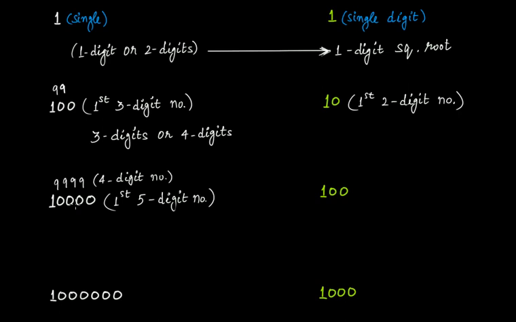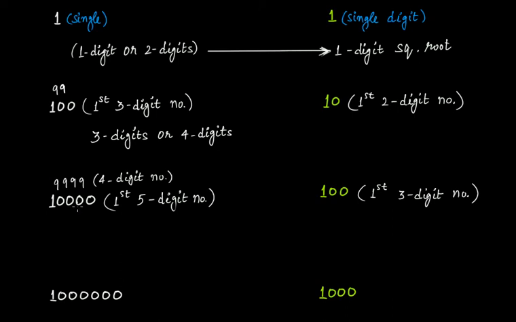Now, 10,000, its square root is what? It's 100. This 100 is the first three-digit number. The first three-digit number is 100, which is the square root of 10,000.